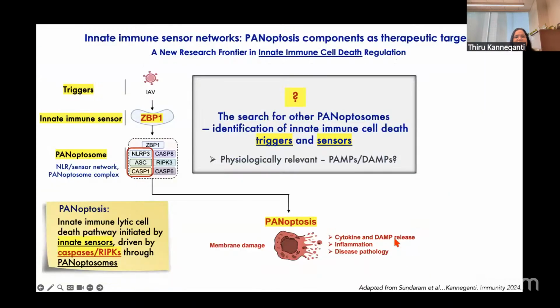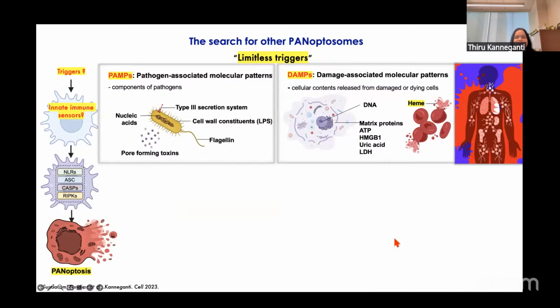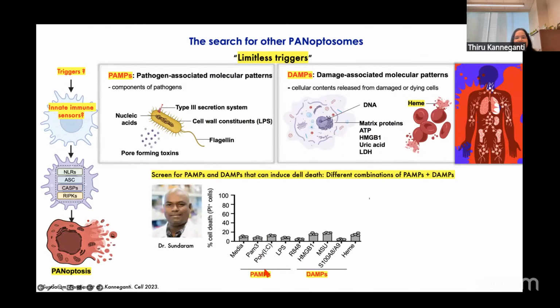So how do we find other triggers? We started after our studies opened up a new way of thinking for us, that in physiologically relevant conditions, there will be PAMP and DAMP combinations. So we showed that a single PAMP or single DAMP does not induce cell death.